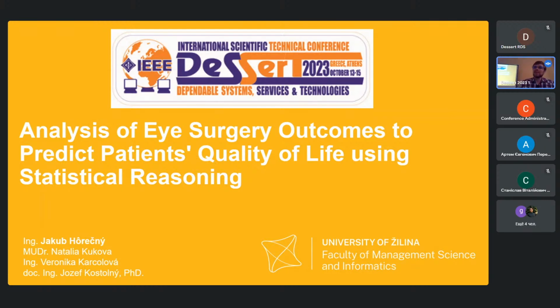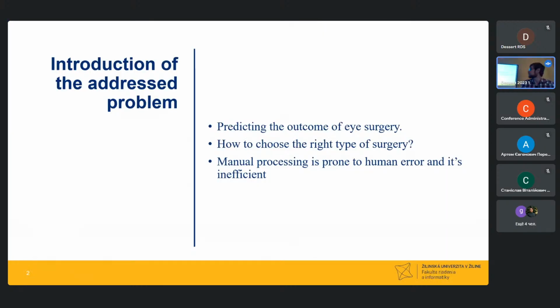Once again, ladies and gentlemen, allow me to introduce you to the topic of our research. Before we start, I will introduce the interesting problem in this research, and that's how to predict the outcome of eye surgery.